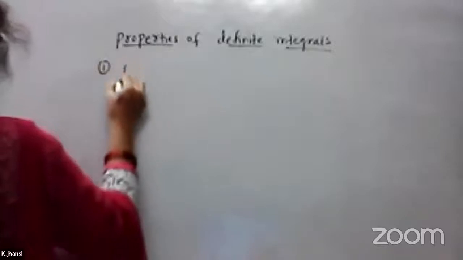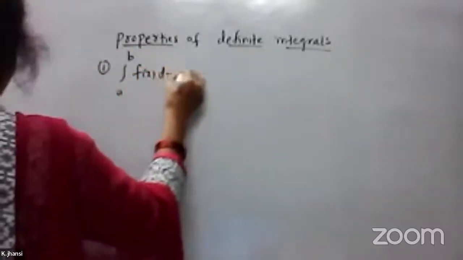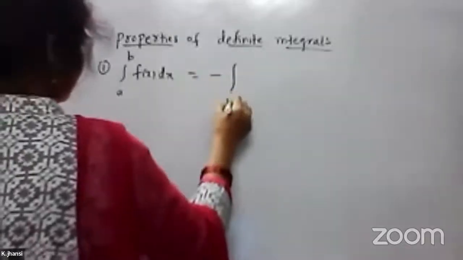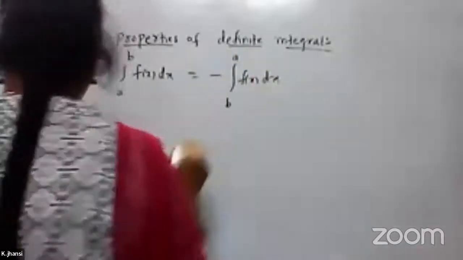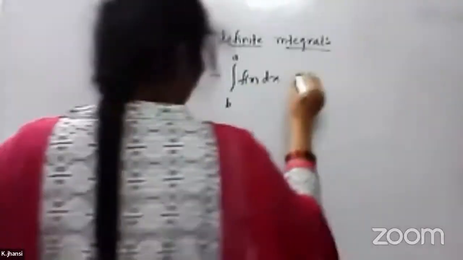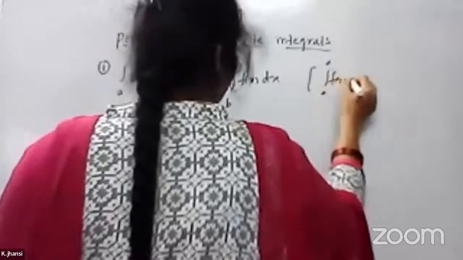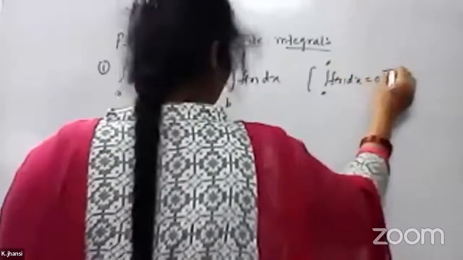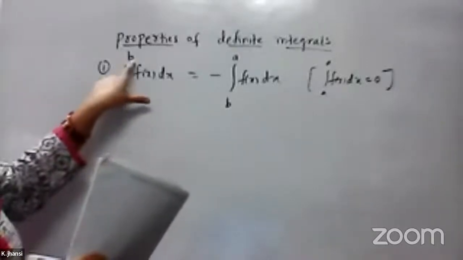First one is the integral from a to b of f of x dx is equal to minus the integral from b to a of f of x dx. Okay. And here you can write the integral from a to a of f of x dx is equal to 0. See here, this is the lower limit and this is the upper limit.